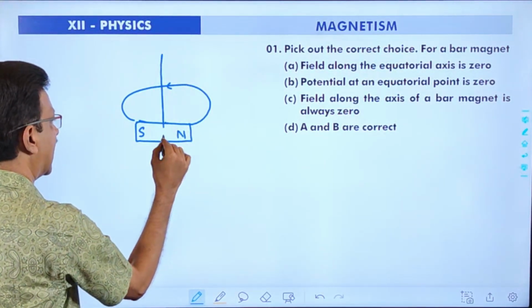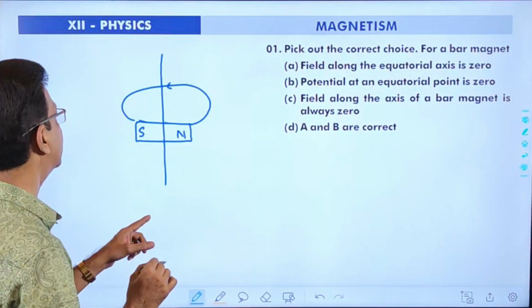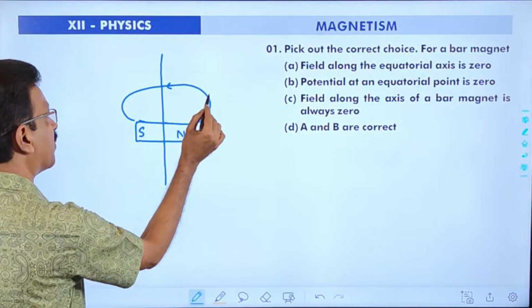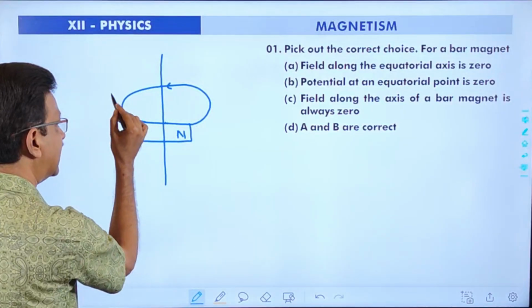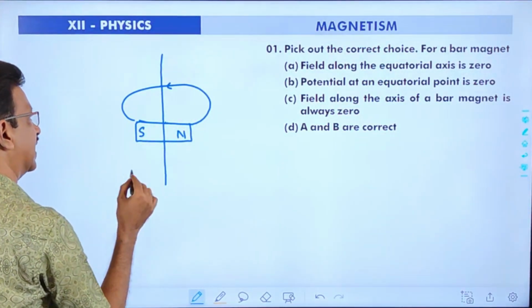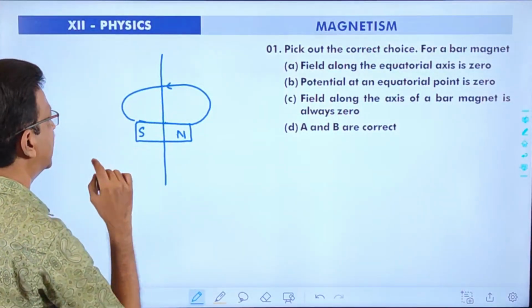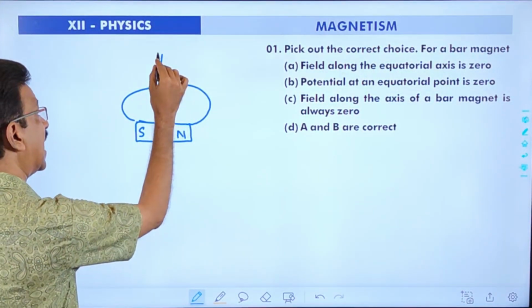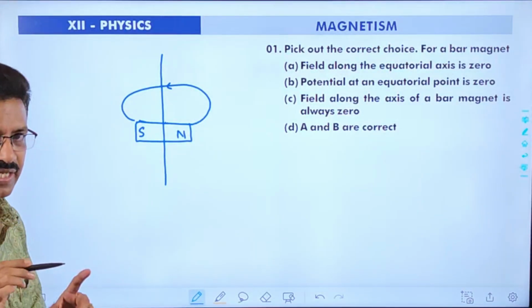Here, equatorial axis means an axis perpendicular to the bar magnet through its center. At an equatorial point, the field line is exactly anti-parallel to the direction of the magnet, that is perpendicular to the equatorial axis. That is, the field along the equatorial axis is 0.